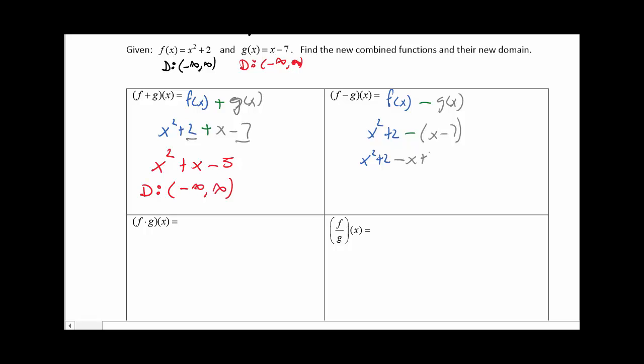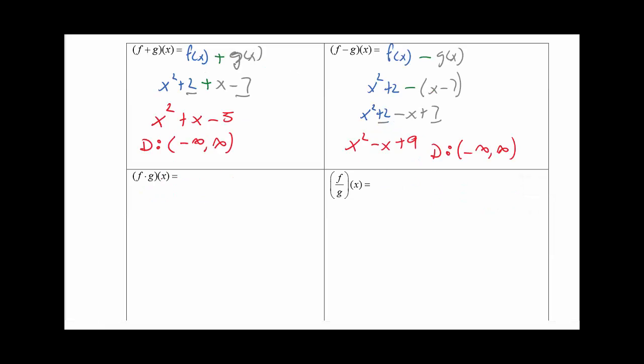So that's minus x plus 7. And I see some like terms with the 2 and the 7 again. And so this time I get x squared minus x plus 9. And as far as domain goes, f didn't have any restrictions, g didn't have any. The combination of that, x squared minus x plus 9, doesn't have any restrictions, so it's going to be negative infinity to infinity.